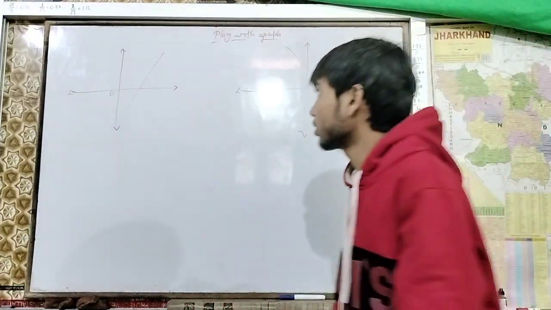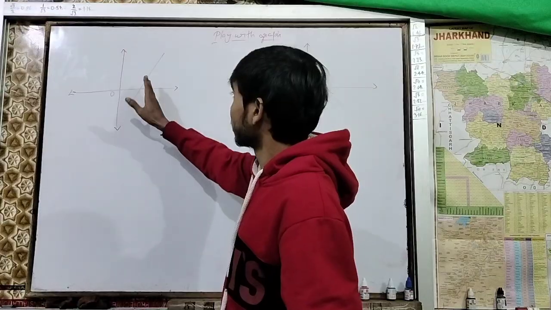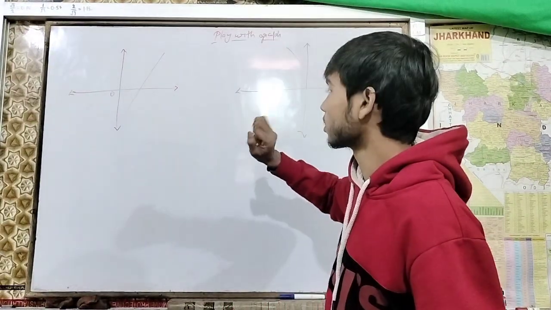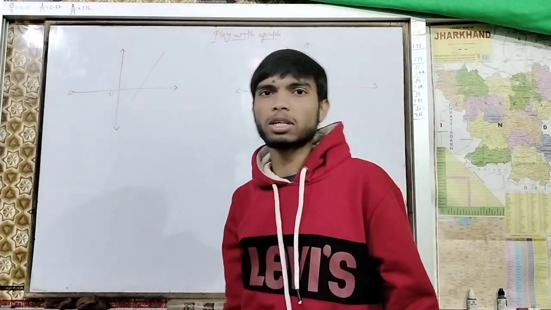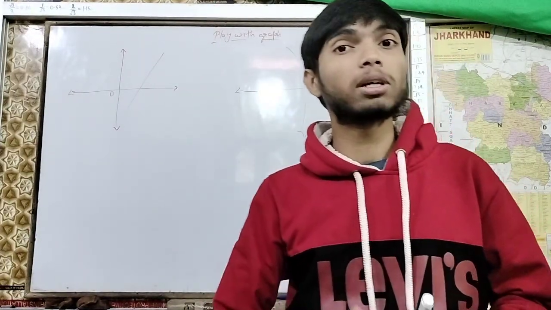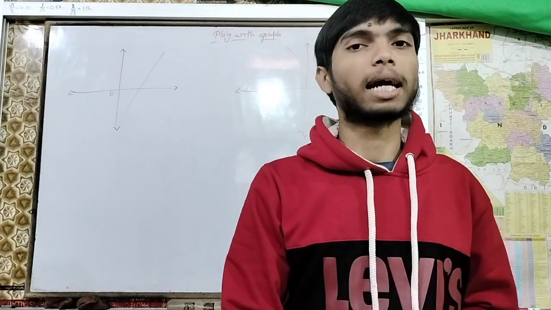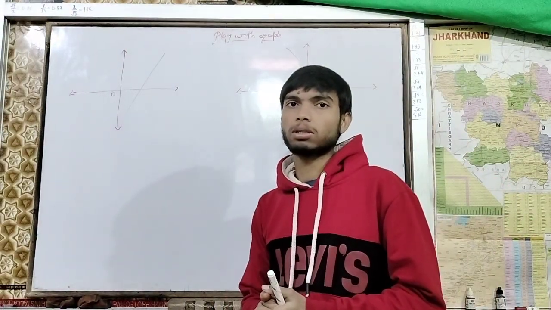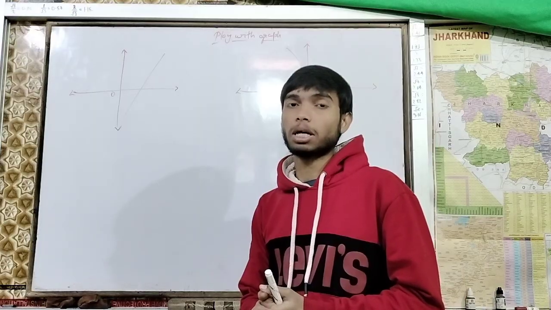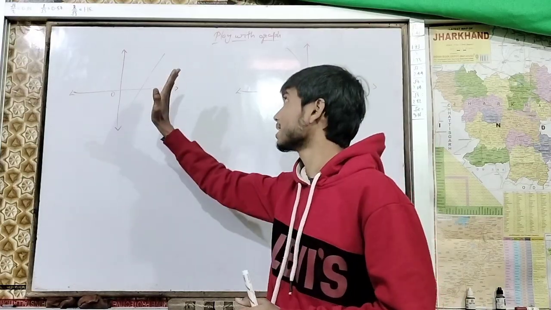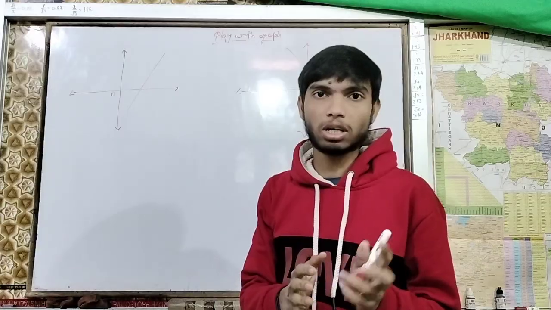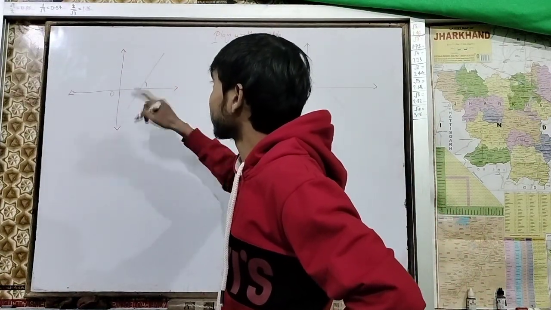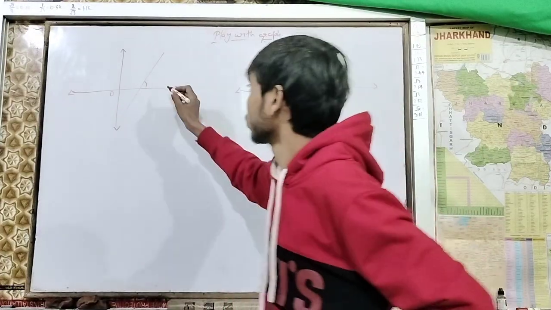Are you understanding? In this case, this is not perpendicular. You are familiar with it. In the case of a perpendicular, we get a 90-degree angle, but this is not perpendicular, and you can also see that this is less than 90.